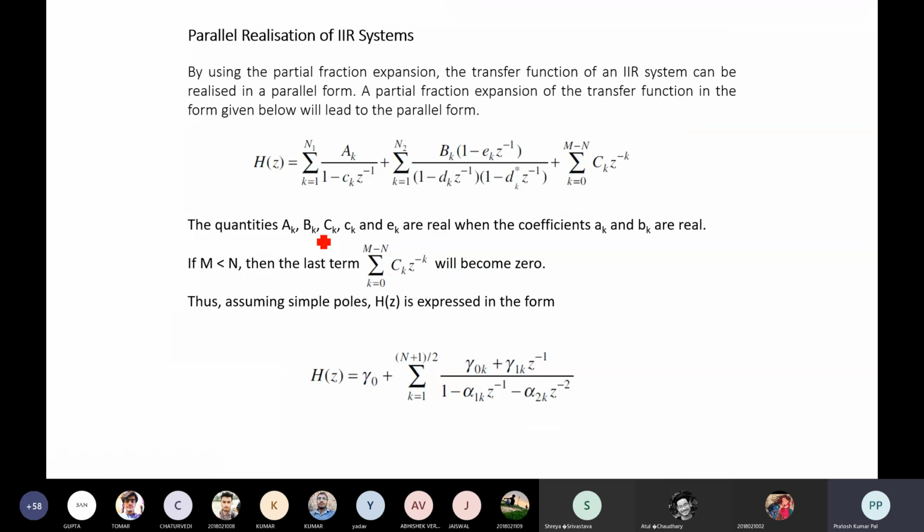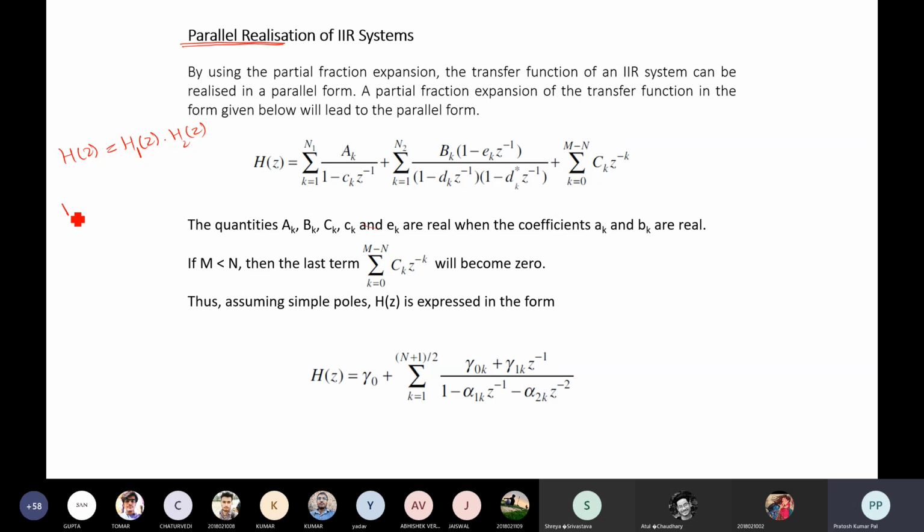The next realization technique is the parallel realization. As we have seen for cascade, whatever transfer function we have is represented as a multiplication of different transfer functions.